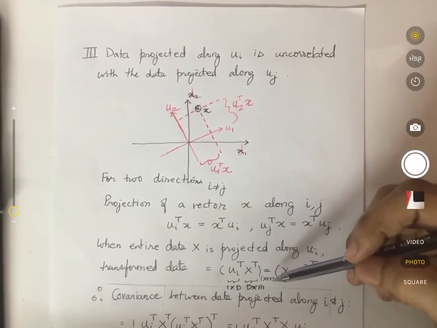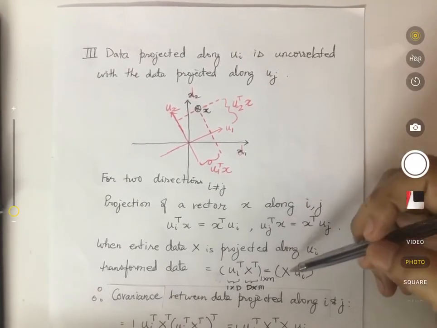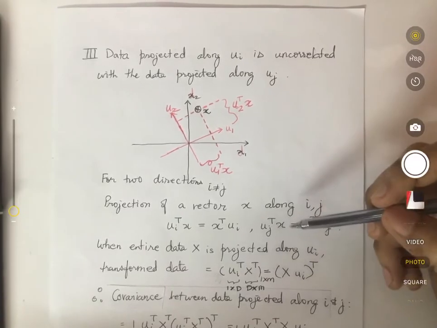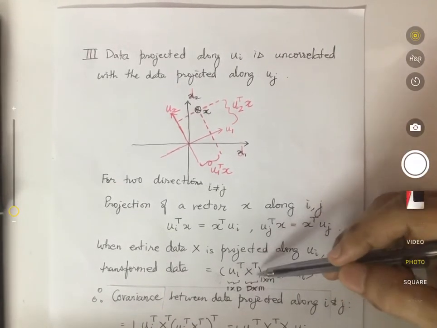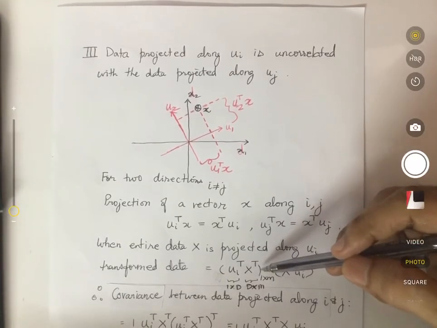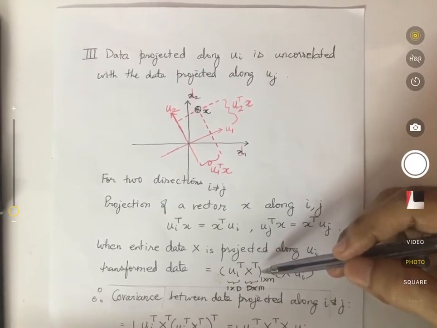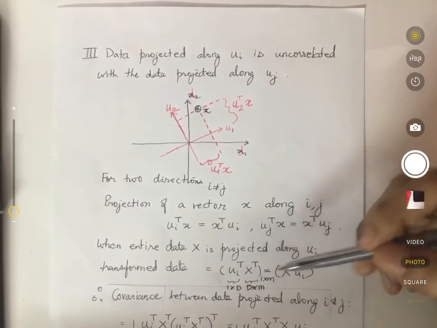Similarly you can do the same for j. If you want to take the projections of x along j, you would just say uj transpose x transpose. Now we will compute the covariance between the two projections.